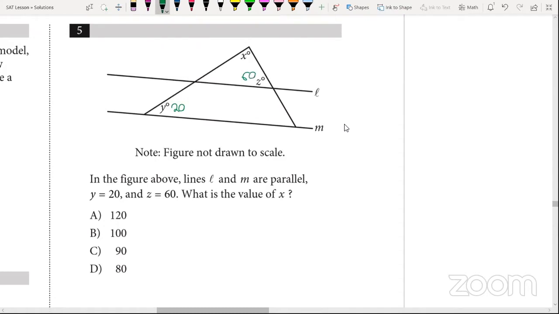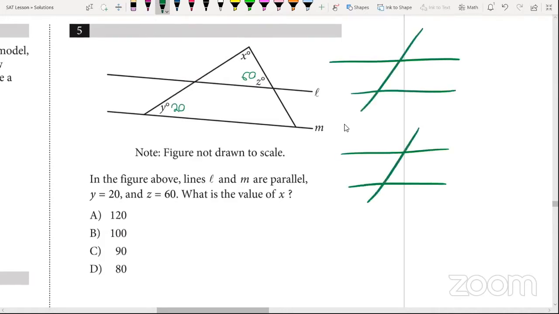There's a lot of ways to approach this, but the thing that I would like to emphasize the most is that with parallel lines, you want to look for C's and Z's. So I'm going to draw 4 sets of parallel lines here.